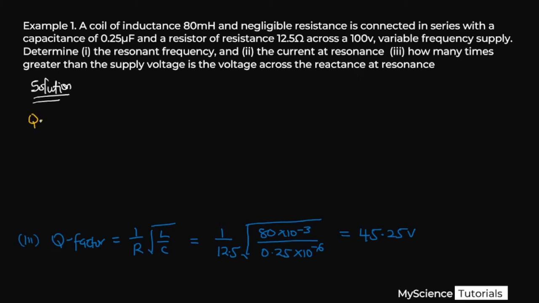Another way to find our Q factor: we said that Q factor is the ratio of VL, the inductive voltage, over the supply voltage, and we also saw that this can be equal to I XL over I R, and that is equal to XL over R. And we said that our XL is 2 pi times the resonant frequency times L, over the resistance.